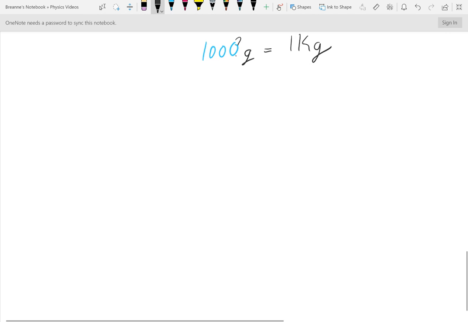So the next one, I believe this is our last one. Nope, second to last one. We are going to convert 98 miles per hour.